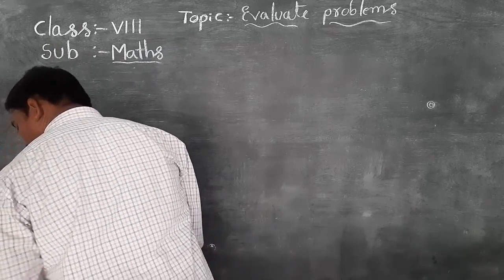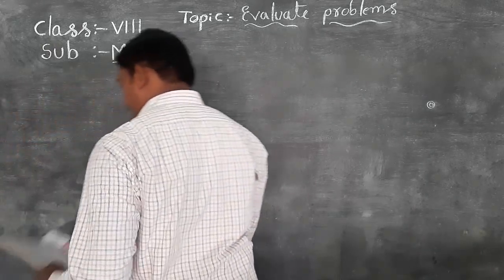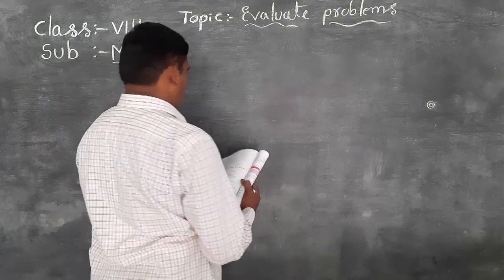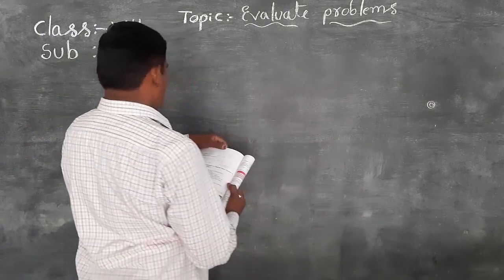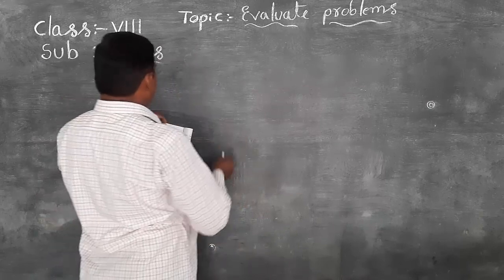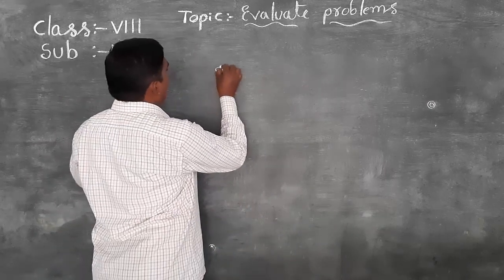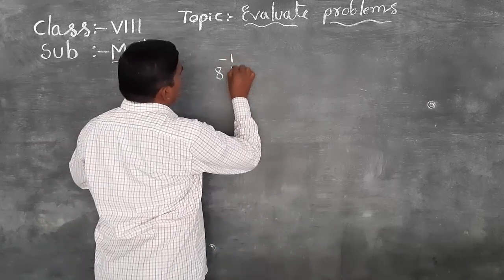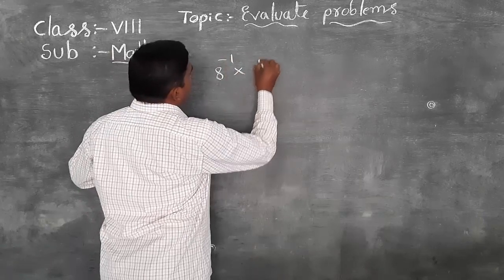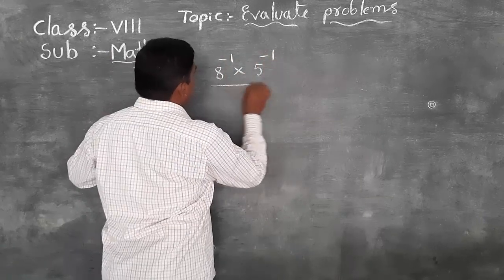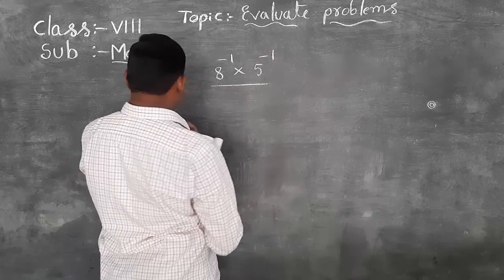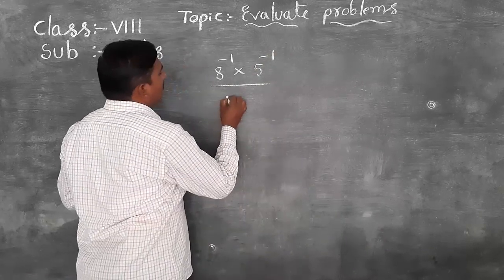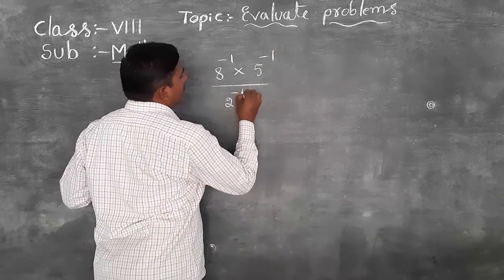Next, 8 inverse into 5 inverse by 8 inverse into 5 inverse by 2 power minus 4.